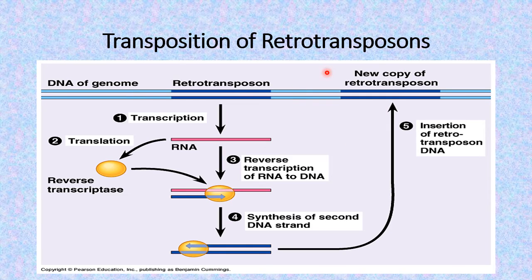For transposition of retrotransposons, first of all, transcription takes place of this transposon, and as a result of transcription, RNA is produced. This RNA has the gene sequence for the reverse transcriptase enzyme.